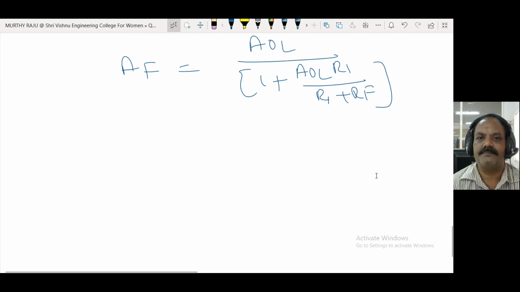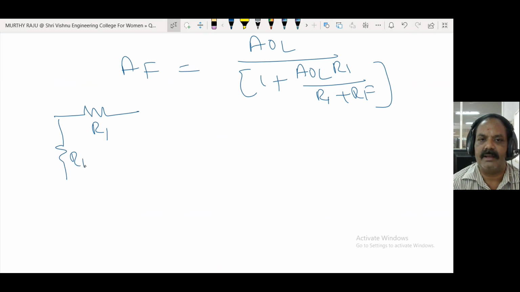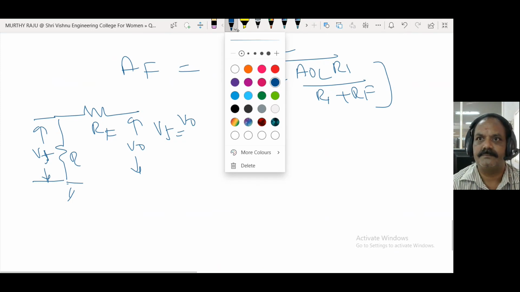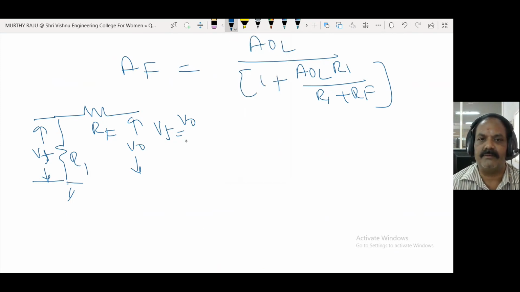We know that this feedback network consists of R1 and RF. V0 is the voltage applied to this feedback network from the output, and this is the VF voltage. Therefore, VF is equal to V0 into R1 by R1 plus RF.